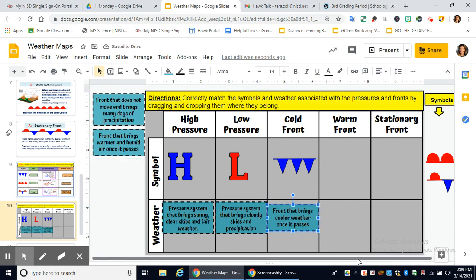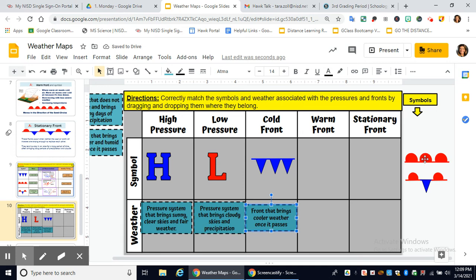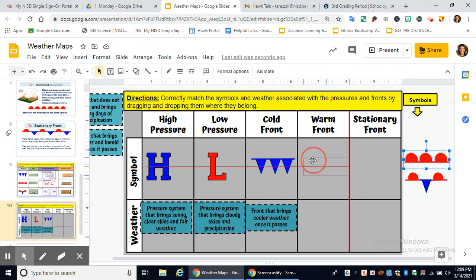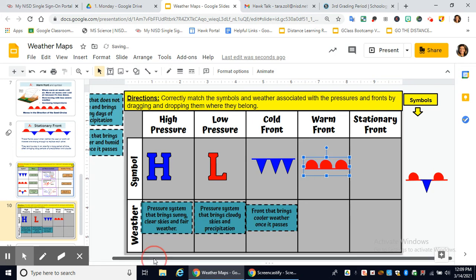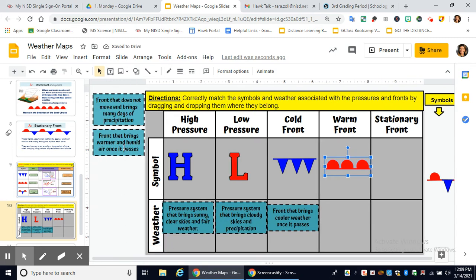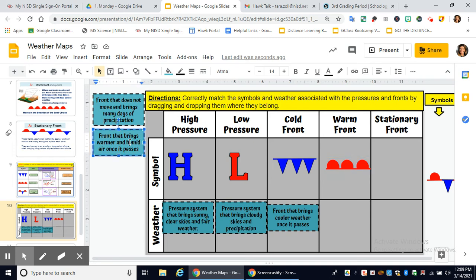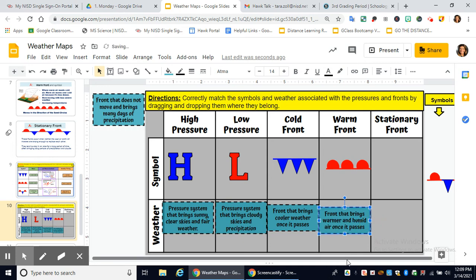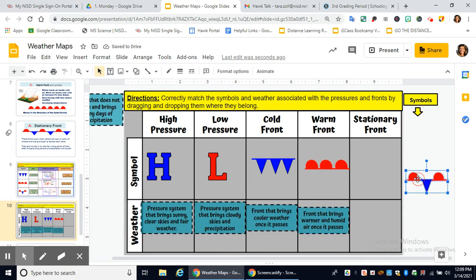And then next we have a warm front. And we can assume that a warm front is going to bring warmer temperatures, right? Okay. And humidity. And then lastly, our stationary front.